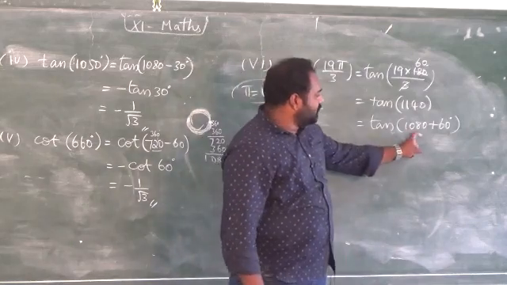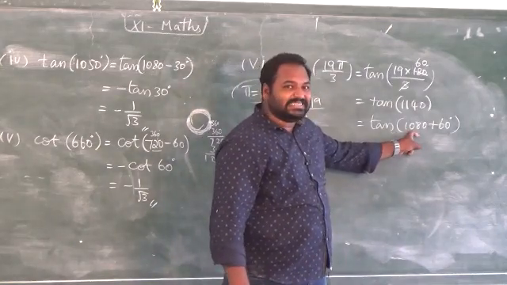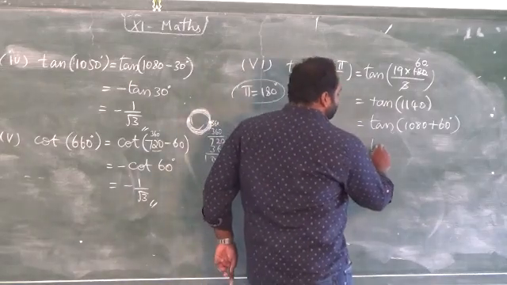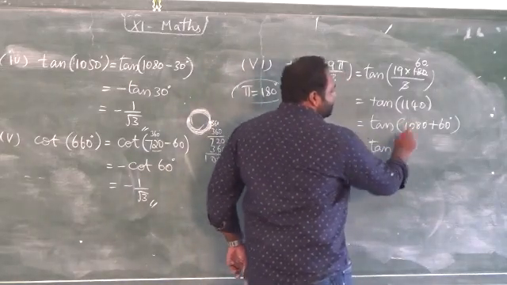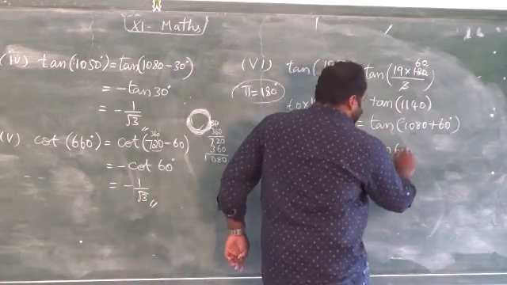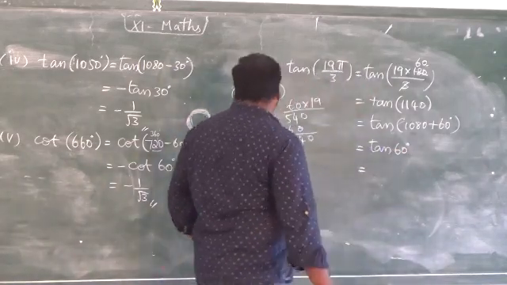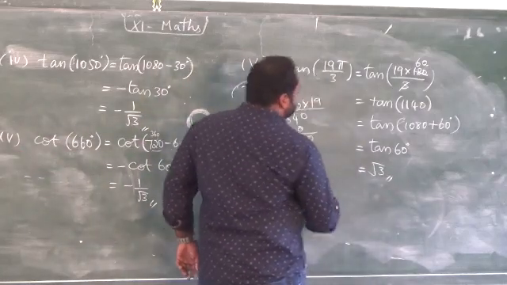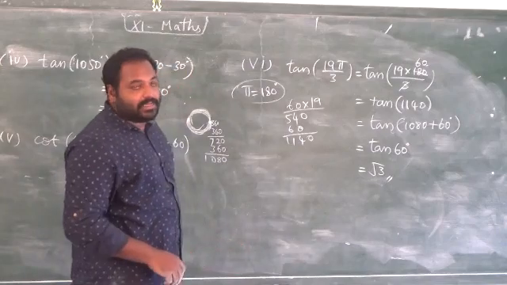We know that 1080 is considered as 360. 360 plus 60 is the first quadrant, and in the first quadrant all are positive. Because of 360, there is no change in the function, so tan as it is, tan 60. Tan 60 value is root 3. That is the value for tan 19 pi by 3.